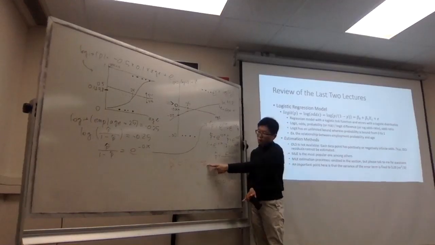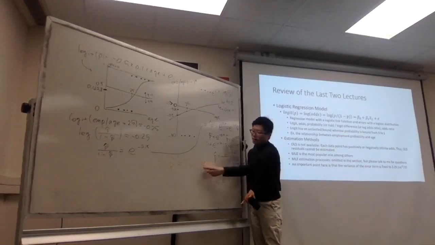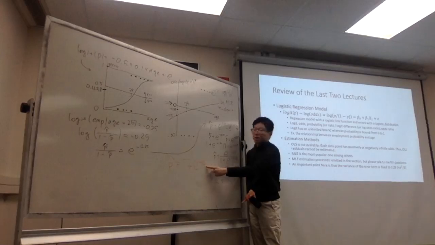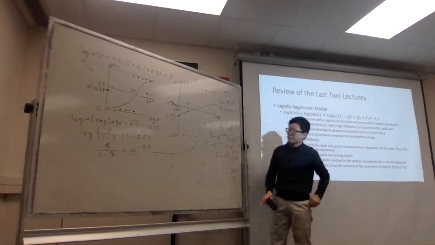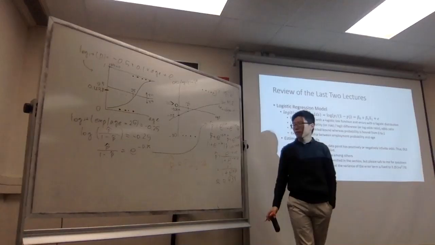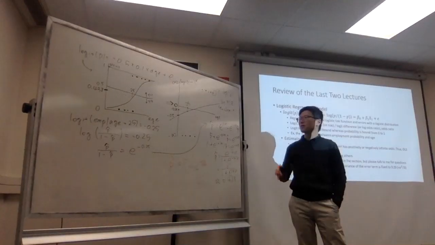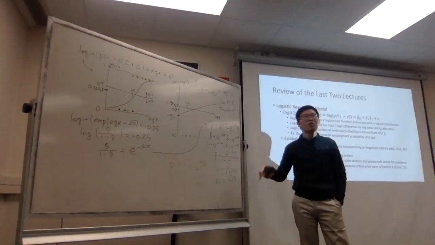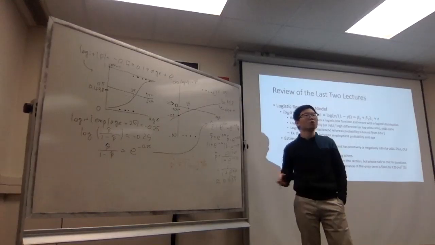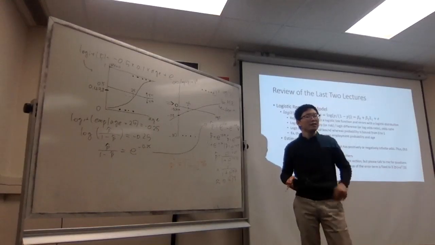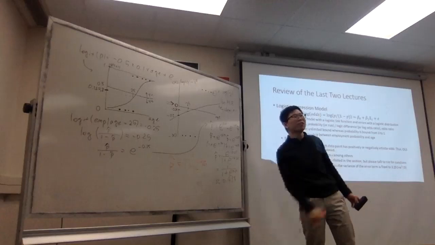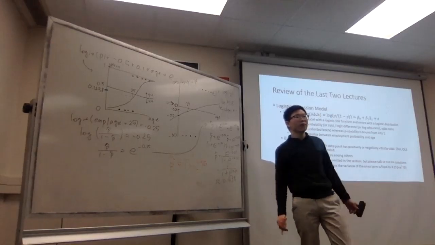So you are plugging in minus 1 multiplied by the predicted logit. XB represents the predicted logit at the X value.